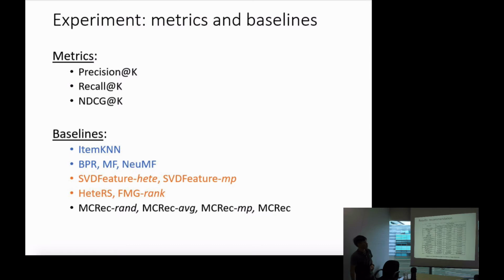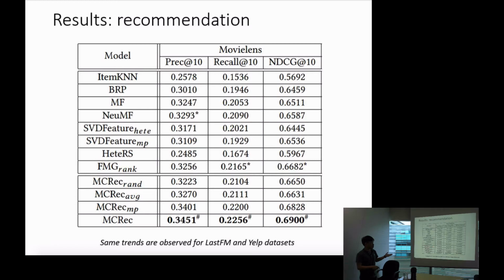So first, the recommendation performance. Quick look: the final model outperforms the rest of the models. This is the best performance over the baselines. You see the gradual improvement over the proposed model with the random, then average, then the path attention, and then the final model.